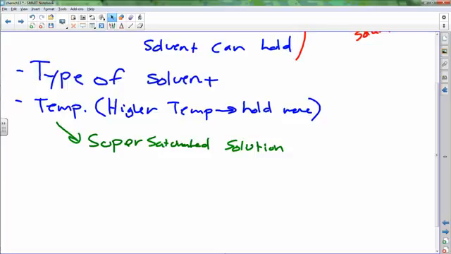And it's because to come out of solution, the solute has to have something to start forming crystals. So by getting it to a high temperature, mixing it as much as you can, and then cooling it down, you can have it right at the point where it's just ready to come out of solution, but it's still being held there. That's called a supersaturated solution. And if you throw a little something in there, or give it a shock so the crystals are able to form, you'll see a whole bunch of it come out of solution very quickly.